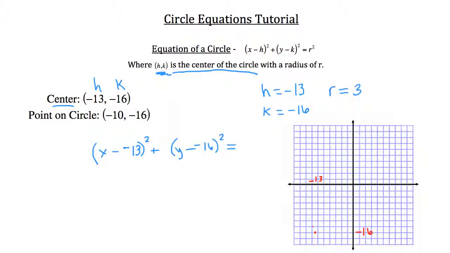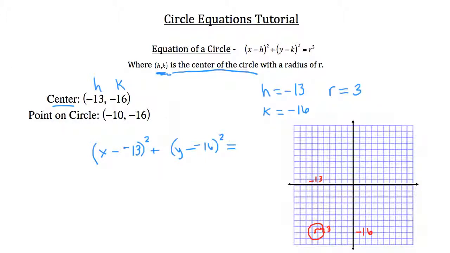And since we're going by 2's, going over 3 units would be right here. So you'll notice that this distance here is the radius of our circle, because our circle is just going to go around that center like that. And that distance there for our radius was 3 units.